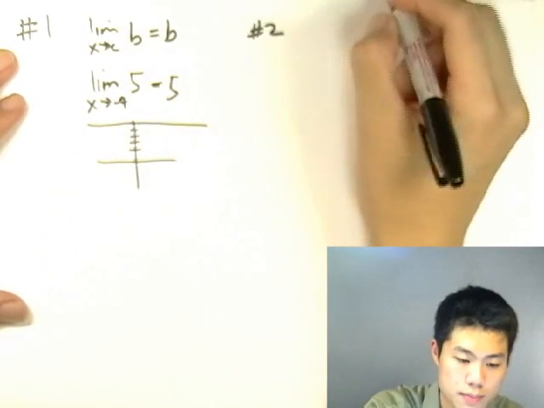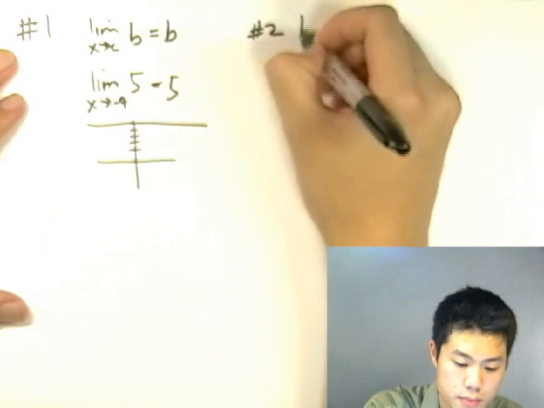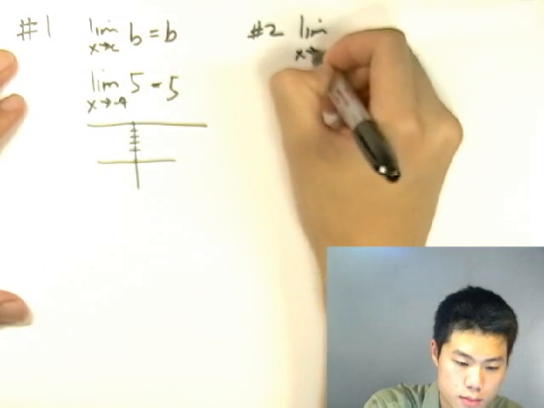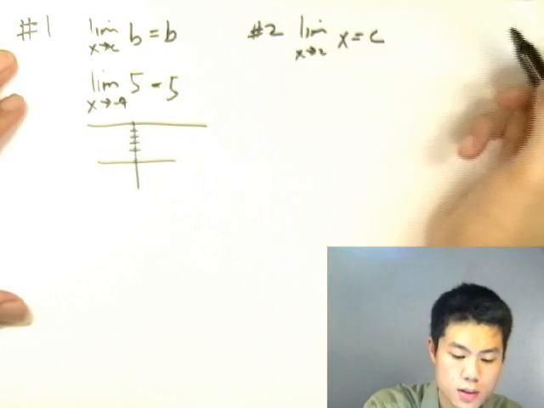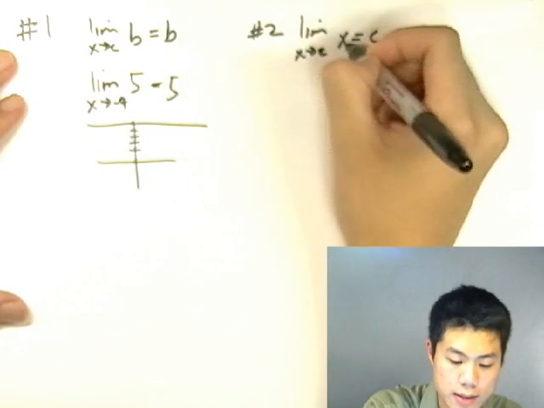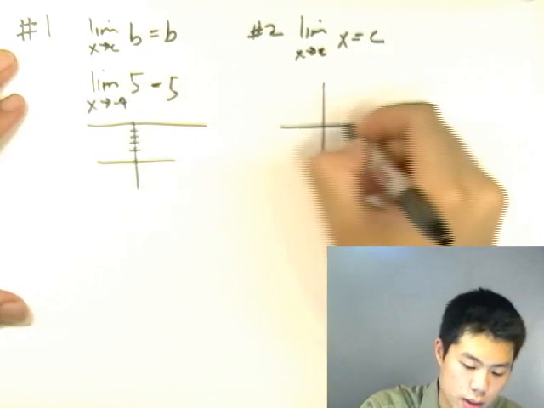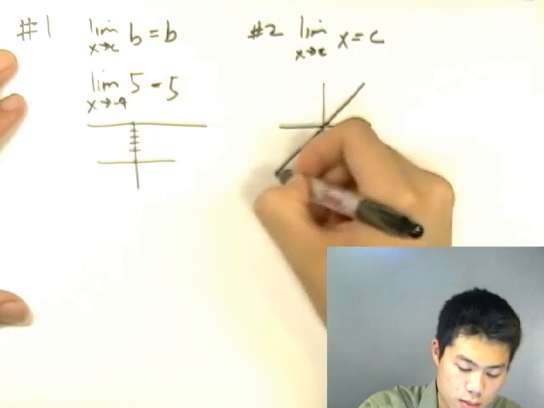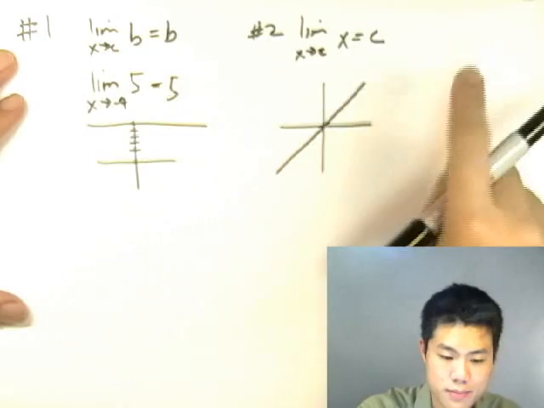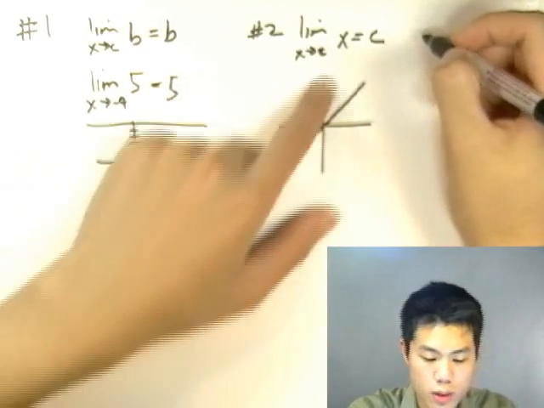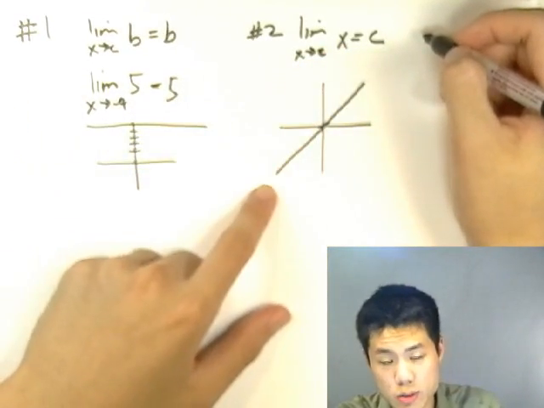Property number 2: the limit of x as x approaches c is going to equal c. This is what the function f of x equals x looks like.